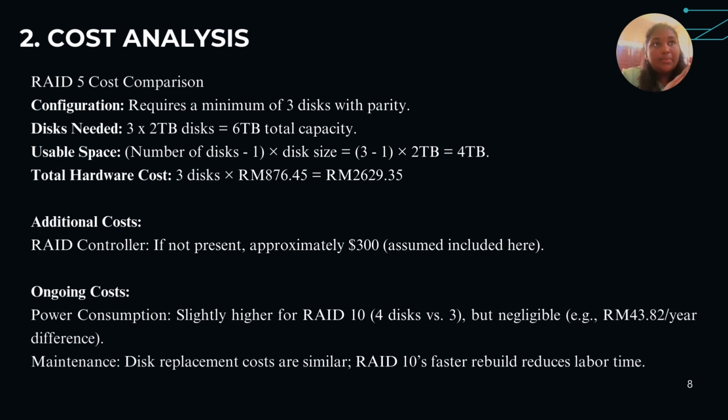There are 4 points, which are configuration, disks needed, usable space, and total hardware cost. The configuration requires a minimum of 3 disks with parity. So the disks needed were 3 times 2 terabyte disks, which equals 6 TB total capacity.